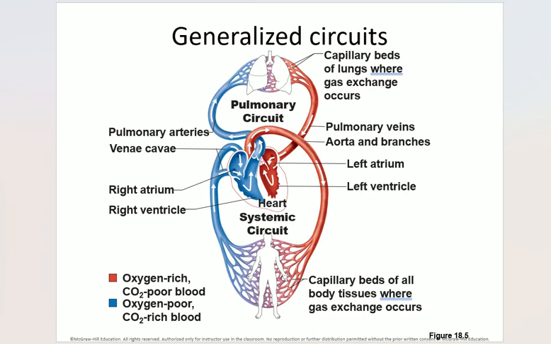And then the rest head south through the descending aorta, through the chest cavity, the abdominal cavity, and down the legs. And it'll split down the legs too, where it's dropping off oxygen, dropping off nutrients, picking up carbon dioxide, waste, fluids, water at the capillary vessels.